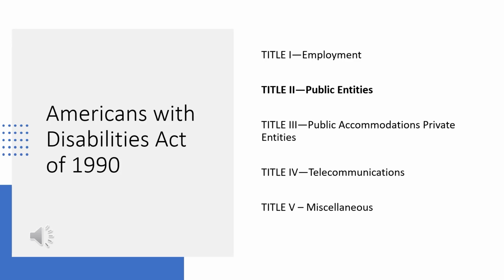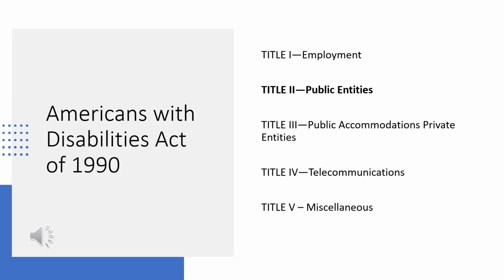It might include things like restaurants, retail stores, hotels, movie theaters, recreation facilities, sports stadiums, and so forth and so on. The technical and programmatic accommodations under Title III are very similar to Title II, but again, it's not really within the scope of our training today.